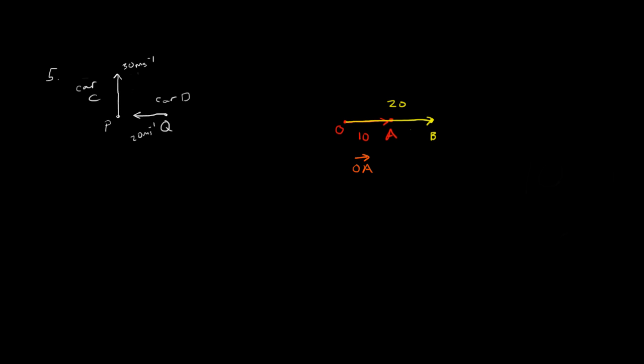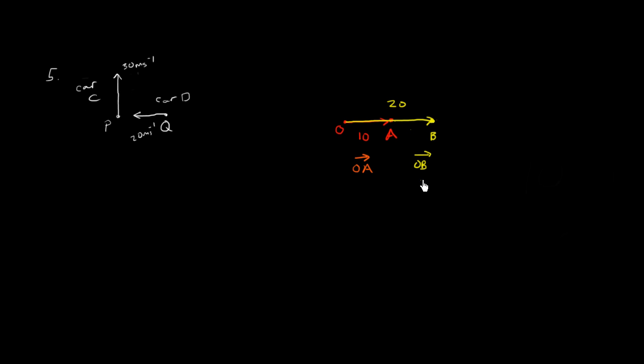Just gonna try to be a little bit more consistent with the colors. OB. If somebody asks you to give the position vector of B from A, so the position of B from A, and you only had these two vectors, right?